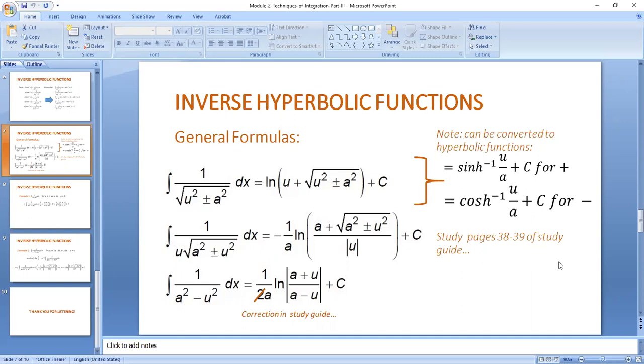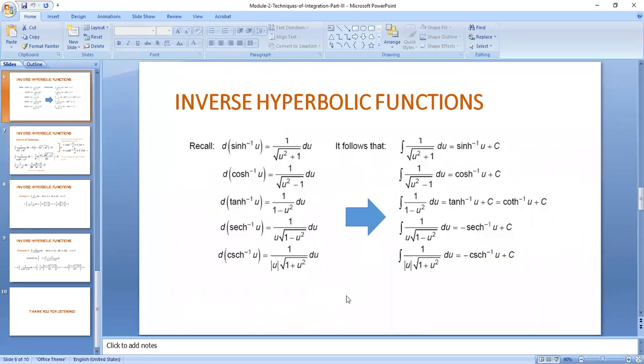Your answers actually could come in 4 different forms, either this one, or this one, or this one, which can have either a plus or a minus depending on the sign that separates your u squared and your a squared. Now, for this one, this would have been the inverse hyperbolic secant and inverse hyperbolic cosecant, both negative if we have a 1 here.